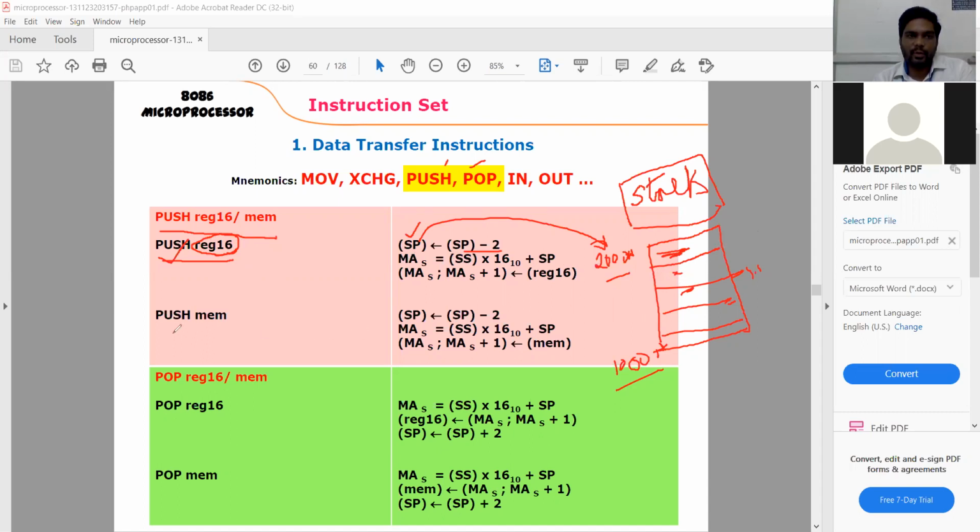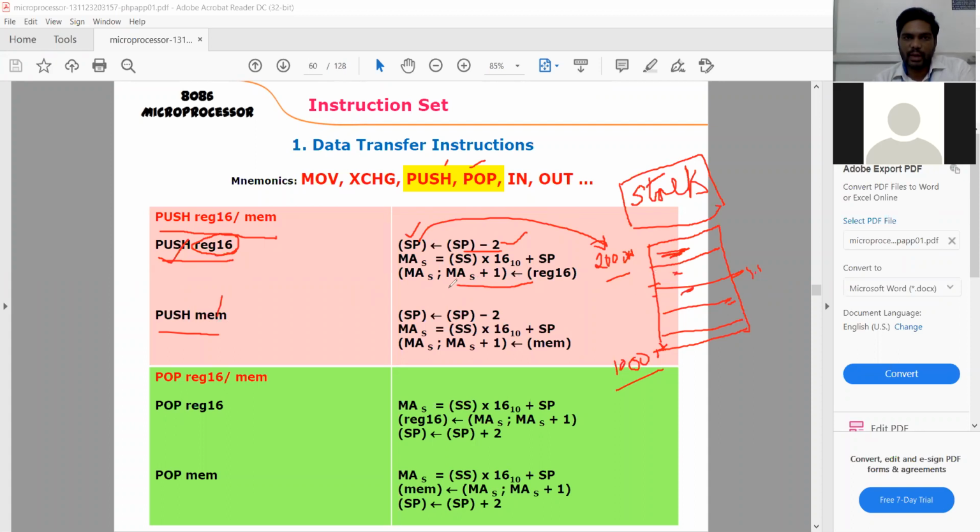Similarly, when you use push memory, the contents of this memory location will be pushed into the next addresses of the stack. First, the stack pointer will get decremented and the effective address will be calculated like this, and the contents of this particular register or memory location will be transferred to the next address.